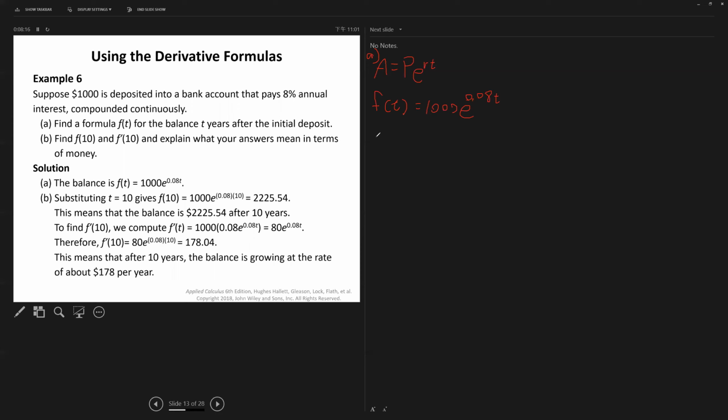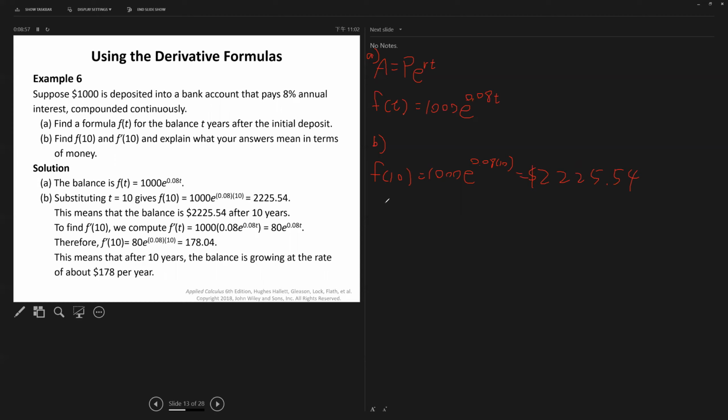All right, let's look at part B, find f of 10. Plug in 10: 1,000 times e to the power of 0.08 times 10, which comes out to about $2,225.54. What does that mean?